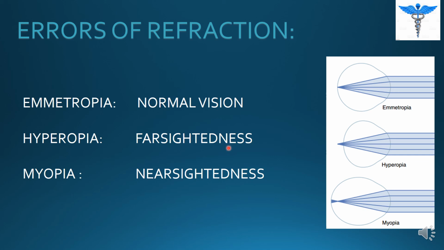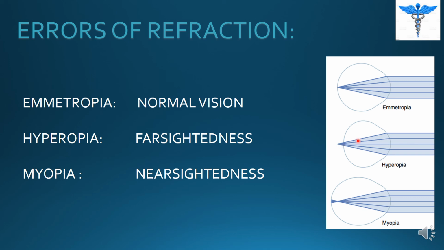Now why does a person have hyperopia? It may be because of two reasons, right? Either his eyeball will be too short, right? If his eyeball is too short, then his lens and his retina will be nearer and his focal point will come behind the retina.